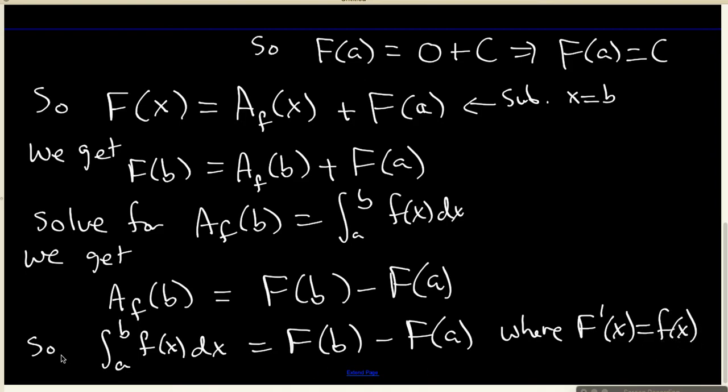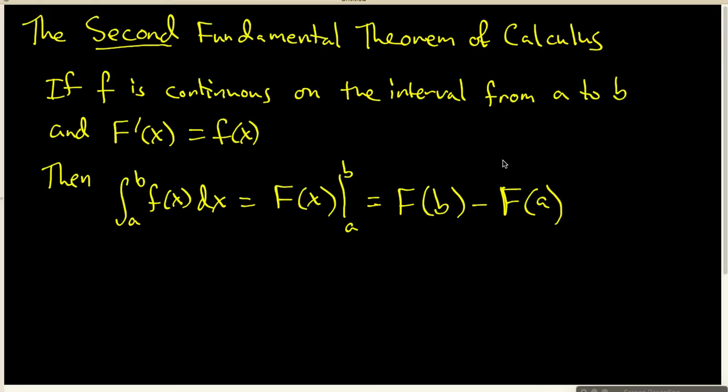And this is such an important fact that it actually winds up being called its own theorem. In other words, what we have now done is we have actually proven the following second fundamental theorem of calculus.